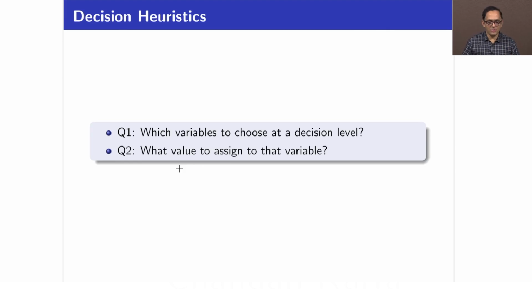Precisely, we are going to learn what variable to choose at the decision level. I have n variables, which one should I pick and what value should I assign to this variable, true or false? At a very high level, without going into all the heuristics, what is your objective? Your objective is to make the clauses satisfied.